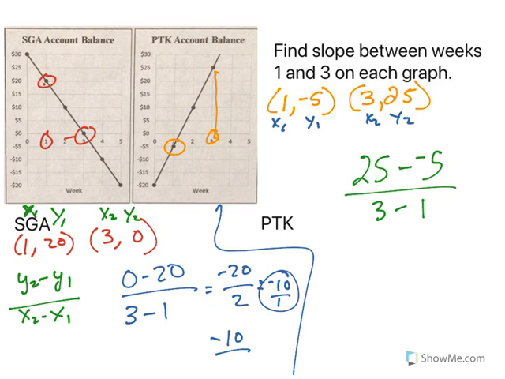Notice I said minus y1, and y1 is negative, so two negatives give me a positive. So I have 30 over 2, which simplifies to 15 over 1, which simplifies to 15, which is the same slope we found earlier. So whether you're using a graph and counting the vertical change over the horizontal change, or you use 2 points, you're going to get the same thing.